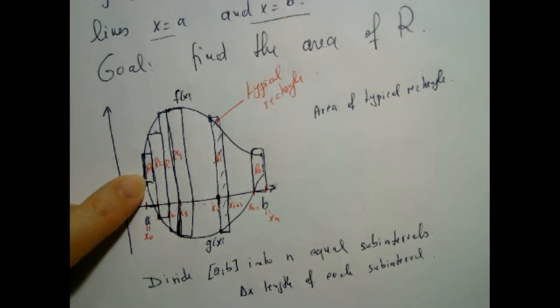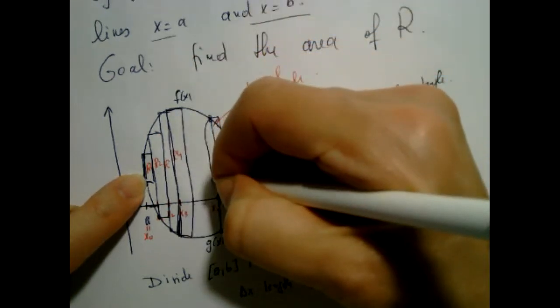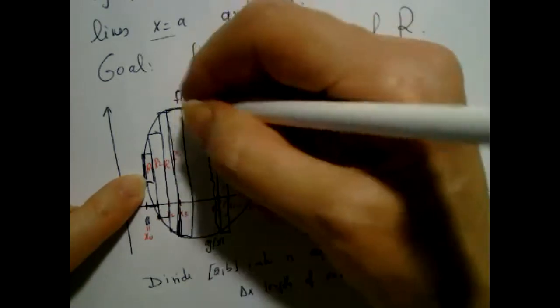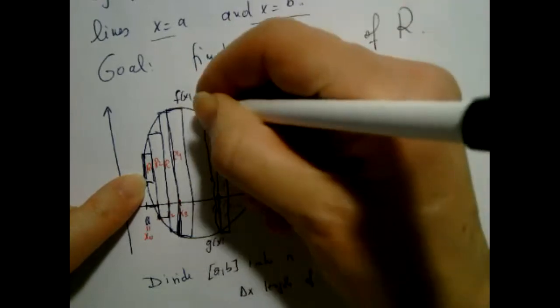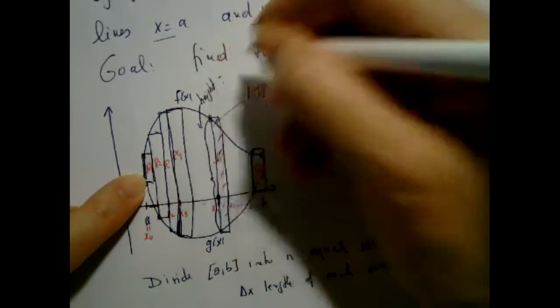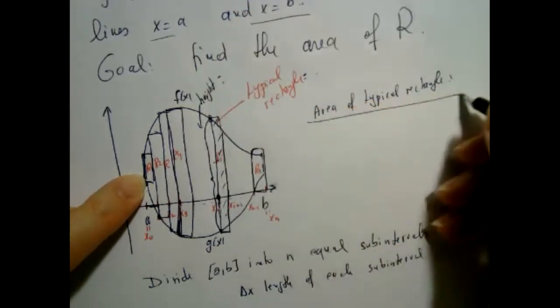What's the area of a typical rectangle? It means the area of Ri. It's equal to what? The height, from here to here, times the width. Now, what is the height of this rectangle?